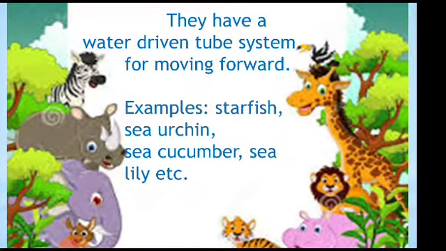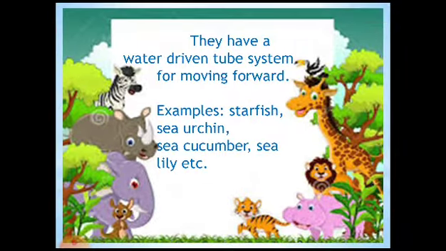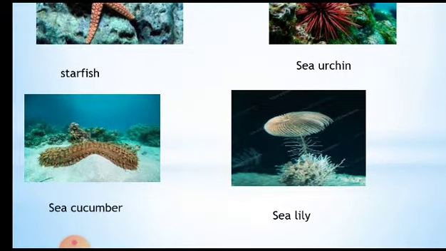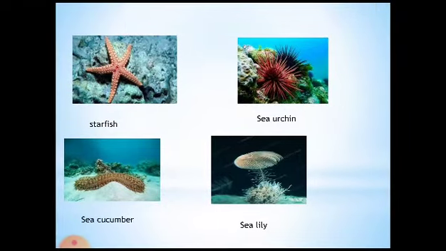They have a water driven tube system for moving forward. Examples are starfish, sea urchin, sea cucumber, sea lily, etc. You can see here the figure of the starfish, sea urchin, the sea cucumber and the sea lily.